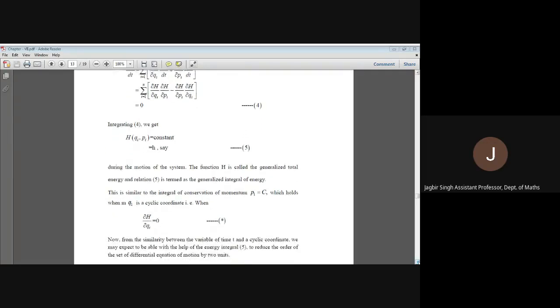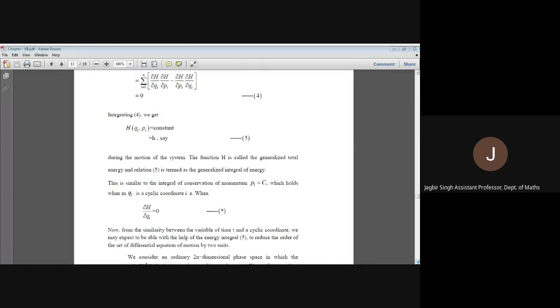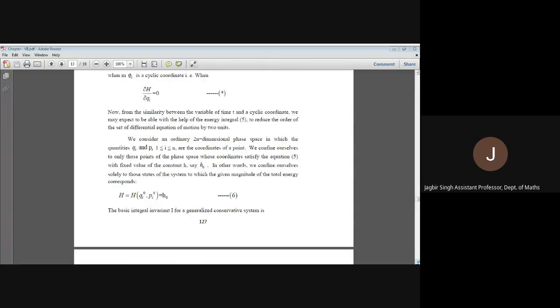In these lines, it is assumed that the partial derivative of h with respect to qi is 0. Then h is not a function which depends on qi. It means qi will be an ignorable or cyclic coordinate. So if we have some ignorable coordinates, we will ignore those, and there is no need to consider them.